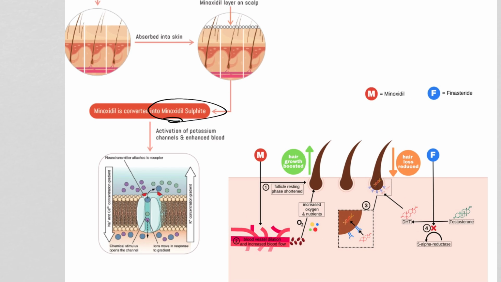That drug binds to potassium channels, and in blood vessels, opening potassium channels acts as a vasodilator, so it increases blood flow. And so minoxidil does its thing by increasing blood flow around hair follicles, which is going to bring more nutrients, bring more oxygen, facilitate growth.